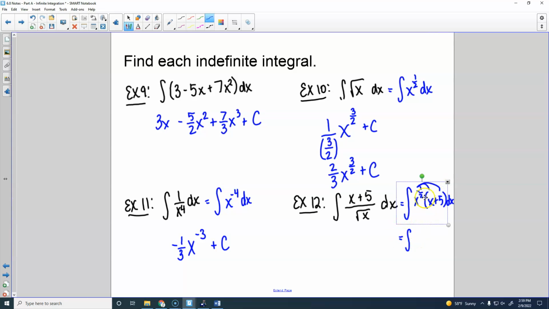So what do you get when you multiply x to the negative 1/2 times x to the first? x to the 1/2. You add the exponents. So negative 1/2 plus 1 would give you 1/2. And then you would do 5 times x to the negative 1/2. And I'm running out of room.